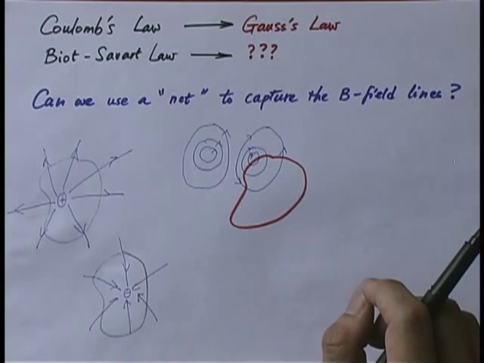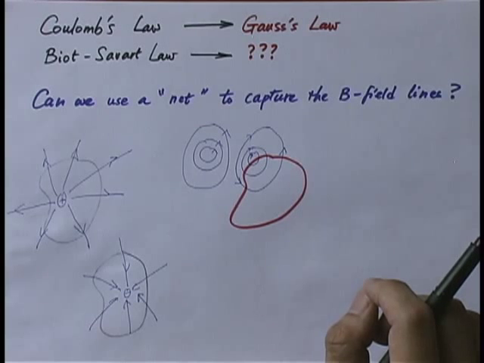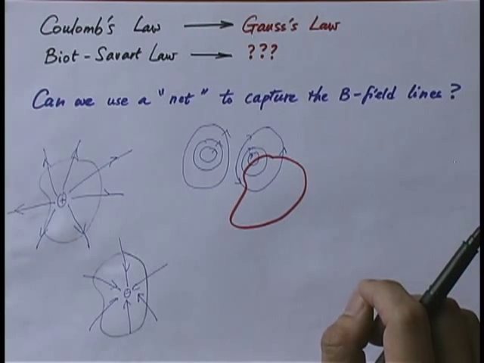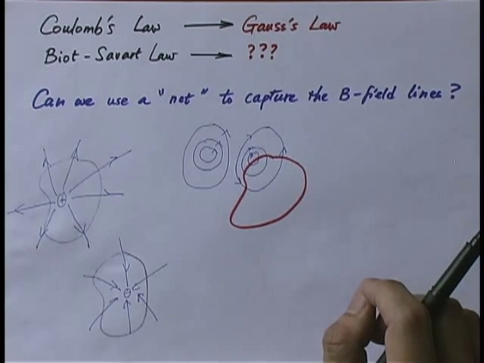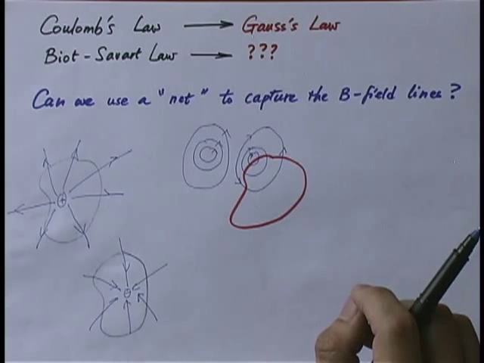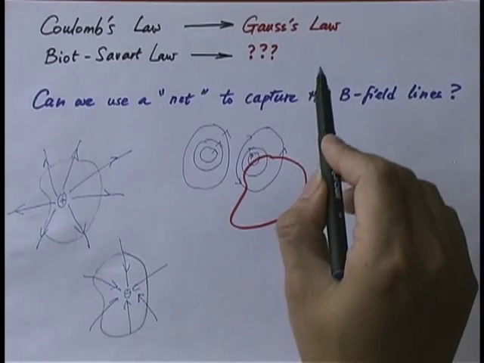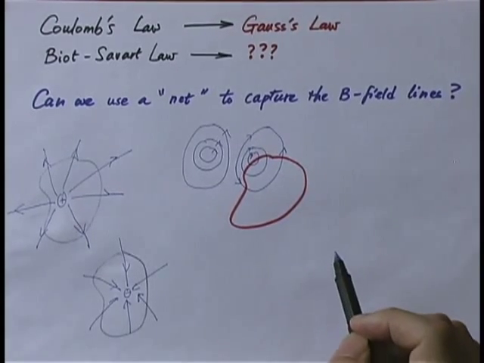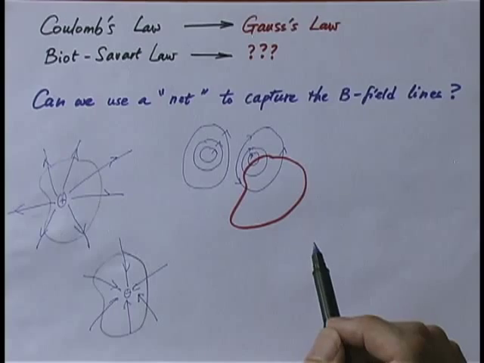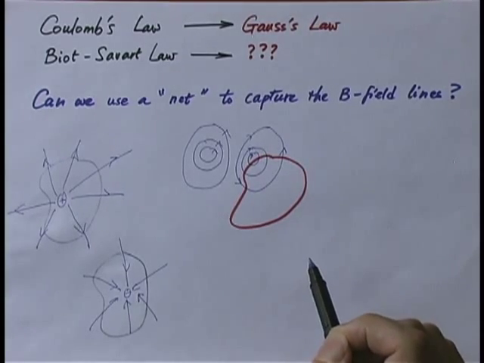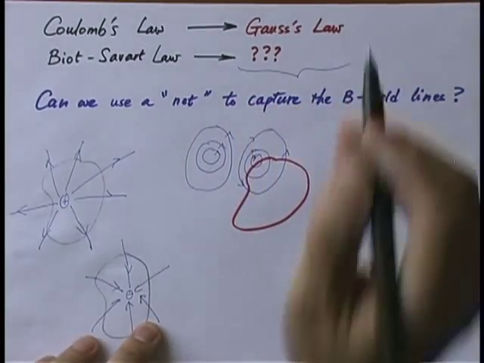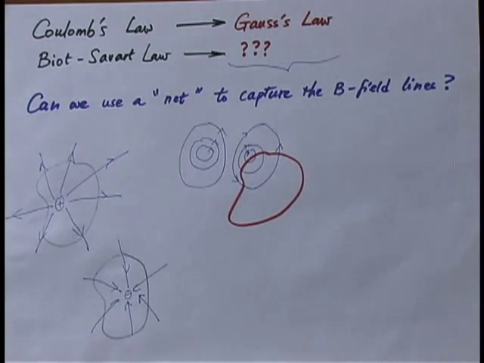So a Gaussian surface is not going to work if you want to capture magnetic field lines. We have to do something similar to the Gaussian surface, but different. We're going to do that in our next lecture, which will give us this new law, which replaces Gauss's law in the magnetic case.